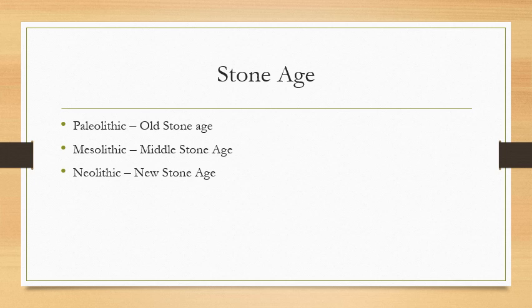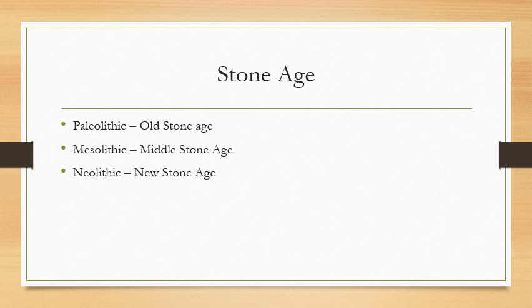Let's talk about Stone Age now. Stone Age is divided into three categories: Paleolithic, Mesolithic and Neolithic. So Paleolithic can be further divided into two words, which is Paleo plus Lithos. Lithos means stone. So Paleolithic denotes Old Stone Age, Mesolithic stands for Middle Stone Age and Neolithic stands for New Stone Age.